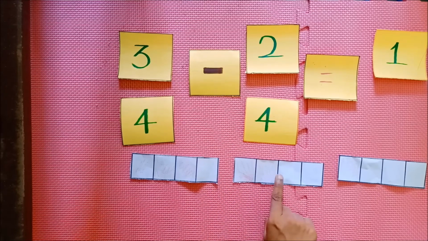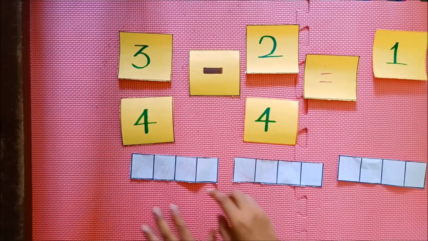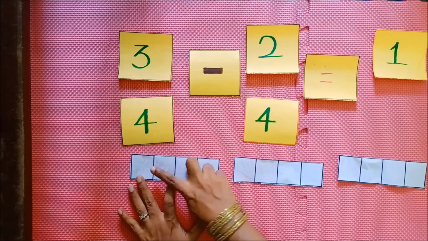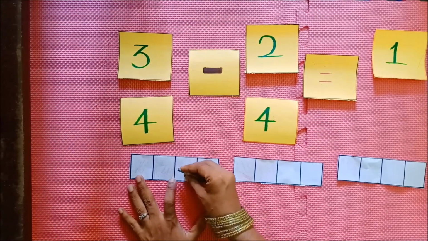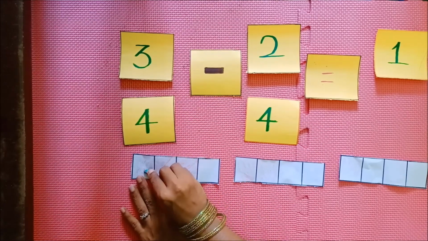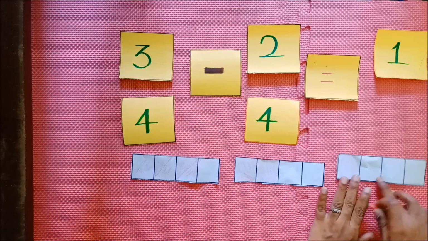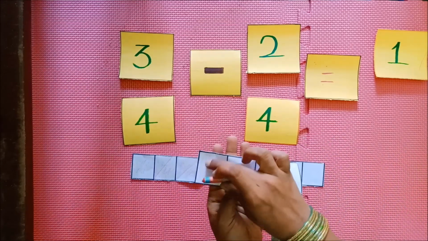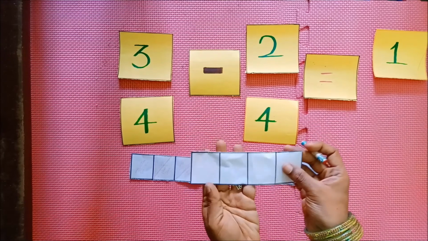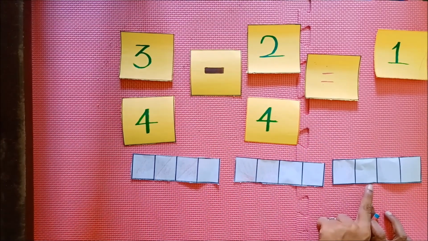Add means you add the shaded portions and get the answer. But for subtraction you have to erase the shaded portions. If you erase the 2 shaded portions, this one gets cancelled, this one gets cancelled. The only shaded portion is this one, and the remaining unshaded are 1, 2, 3. So only one portion is shaded, and the other 3 portions are kept as they are. So your answer for 3 by 4 minus 2 by 4 is 1 by 4.